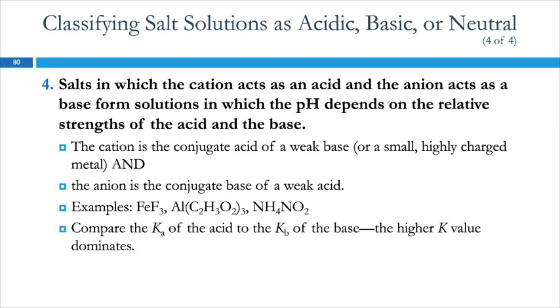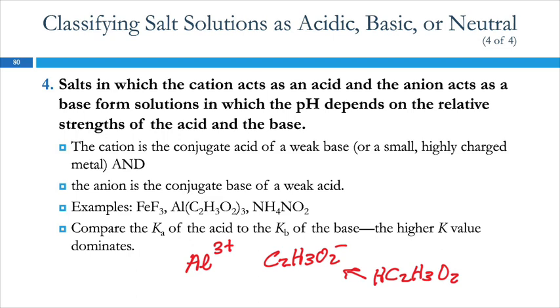AlC2H3O2. Here we have the aluminum ion. That acts as an acid because it's one of those small, highly charged guys. C2H3O2 minus comes from acetic acid, a weak acid. So this will act as a base, that will act as an acid. Unless we have the Ka and Kb values for those, we won't know which one wins.